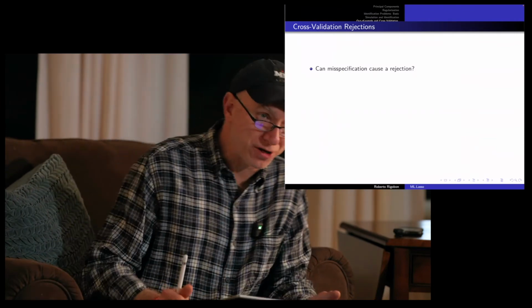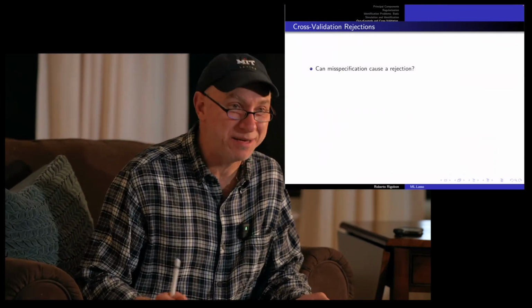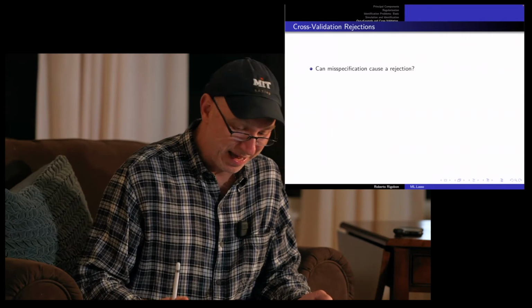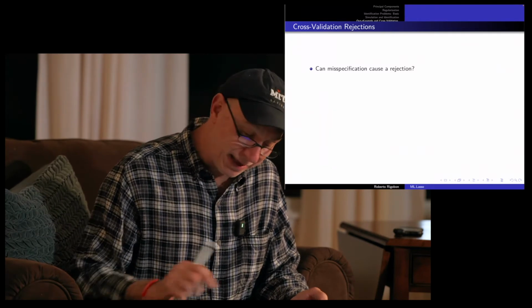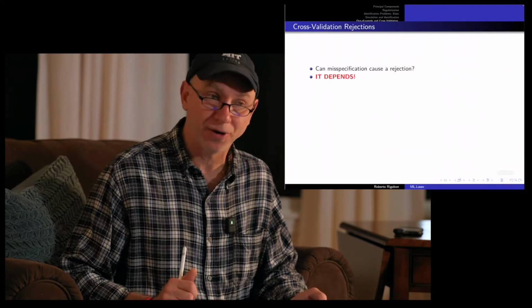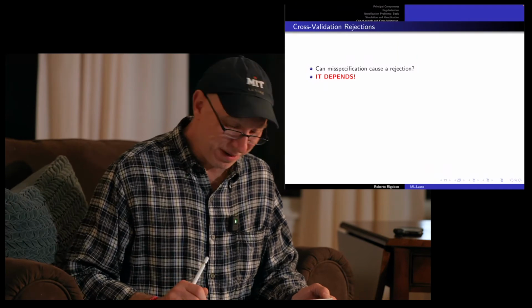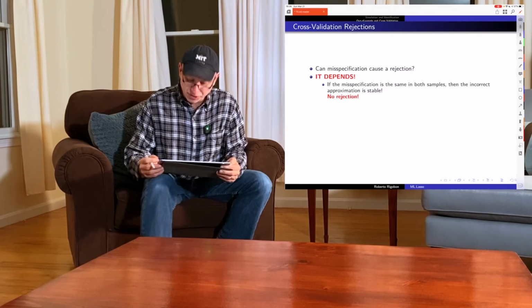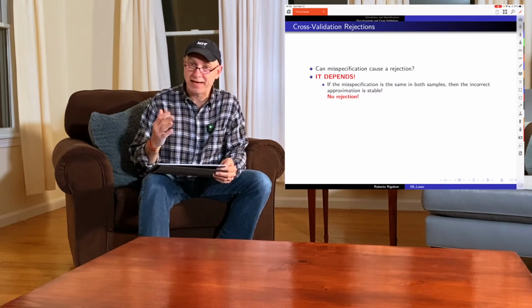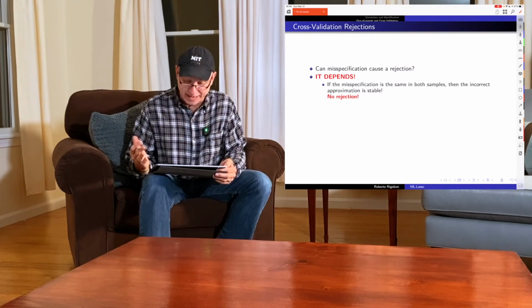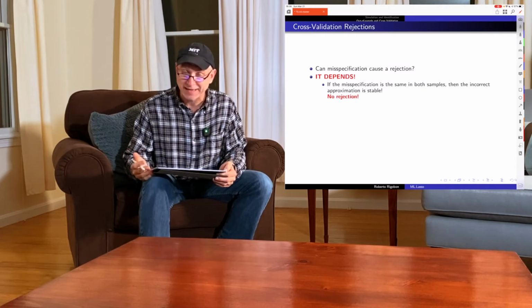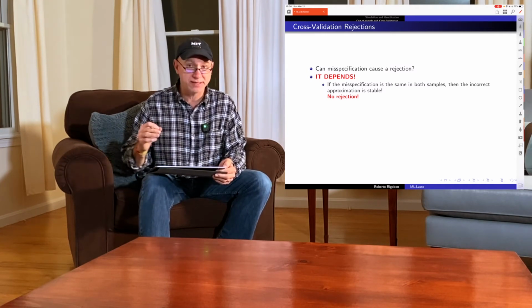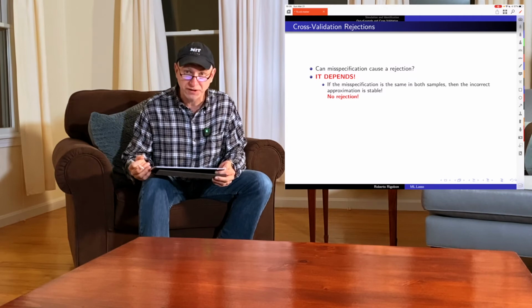First, a very important question, which is important to me: can the misspecification of a model cause a rejection? And the answer, I love it, is it depends. It depends on many things. The first one is, if the misspecification is the same in both samples, then the cross-validation will be passed, the out-of-sample will be passed, and you will estimate perfectly the wrong coefficient.